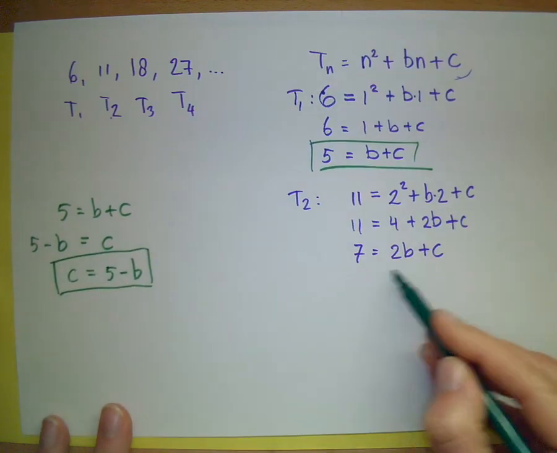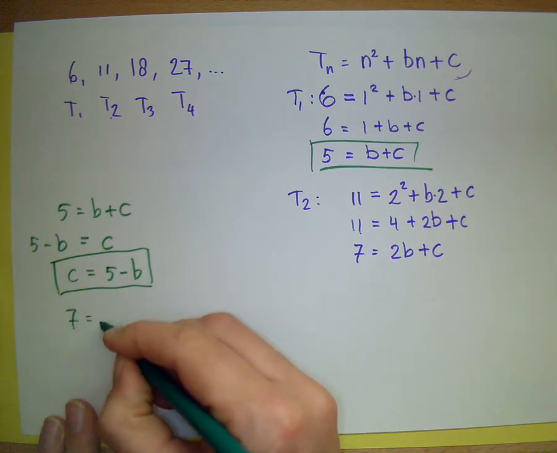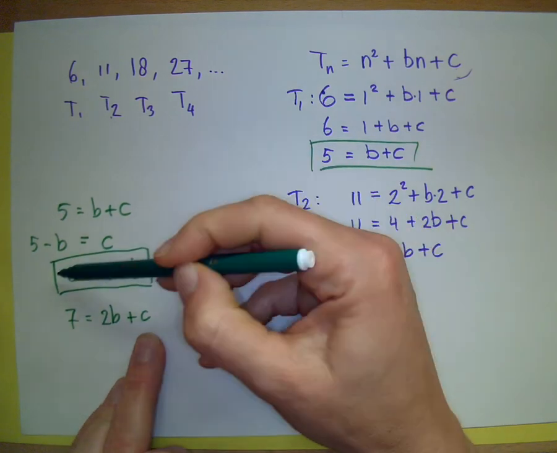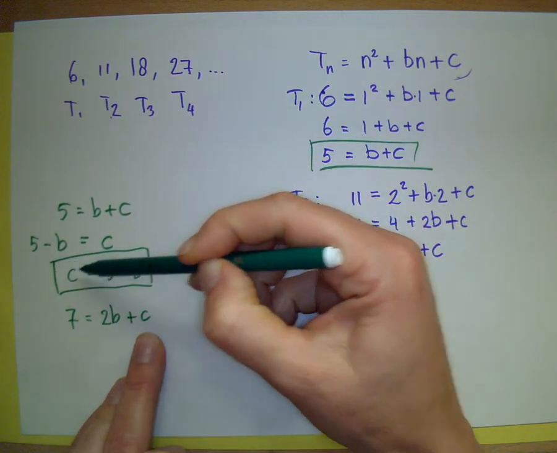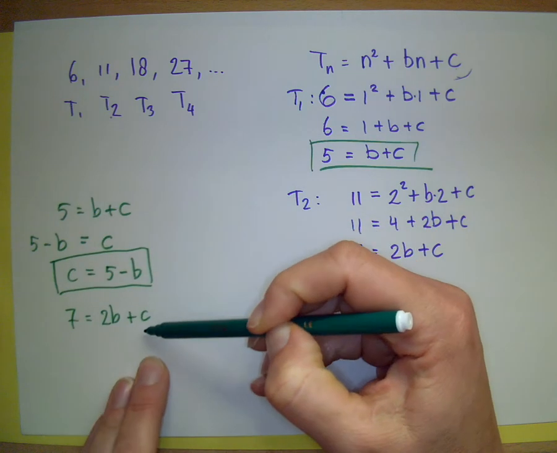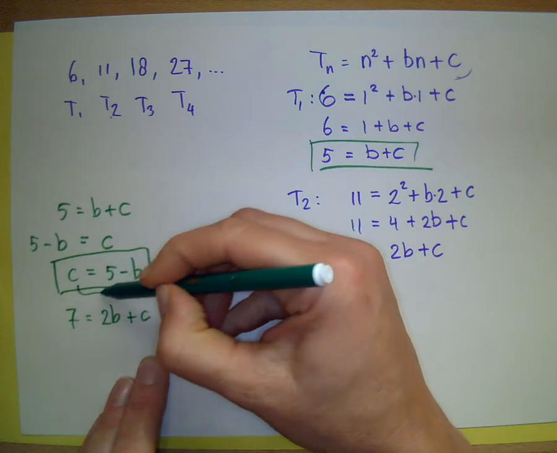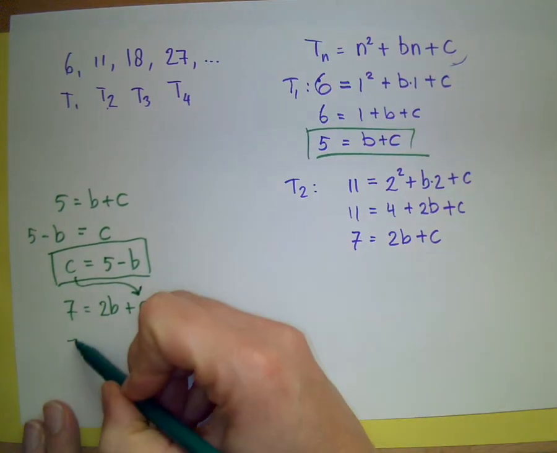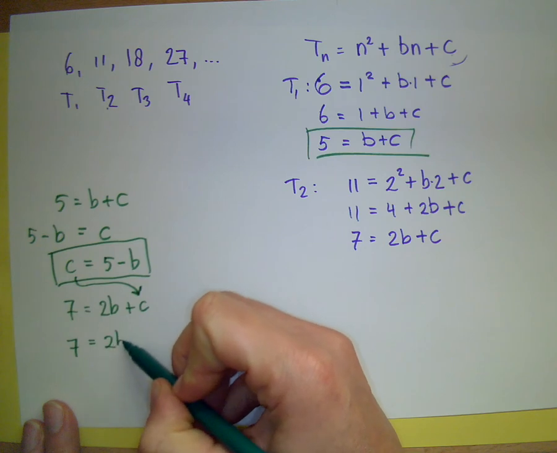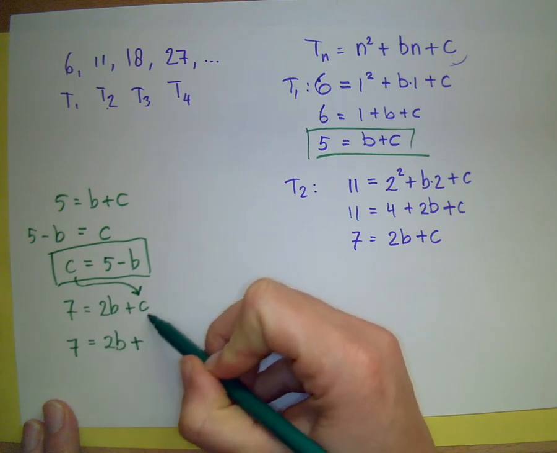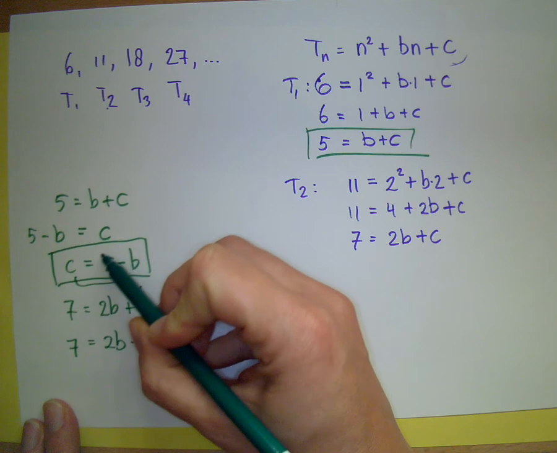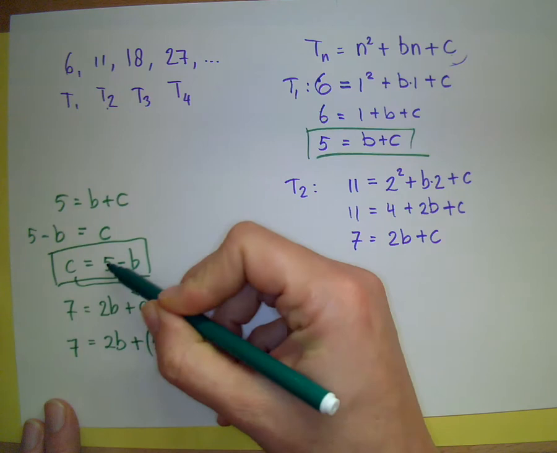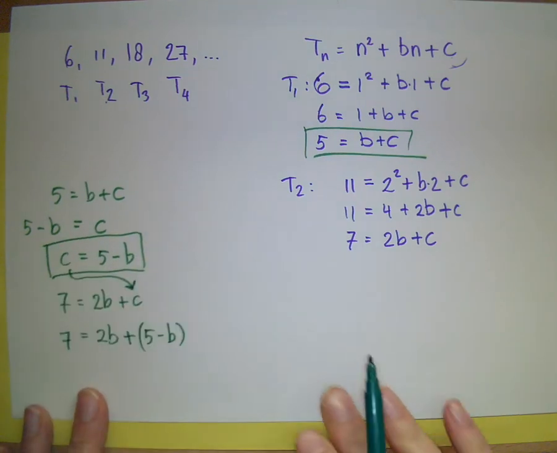And we have this one. 7 equals 2b plus c. Now I'm going to plug in c into this formula, right? So this I'm going to plug in for c. 7 equals 2b. I'm rewriting it, but instead of writing c, I'm going to write 5 minus b. Right? Because 5 minus b is the same thing as c.